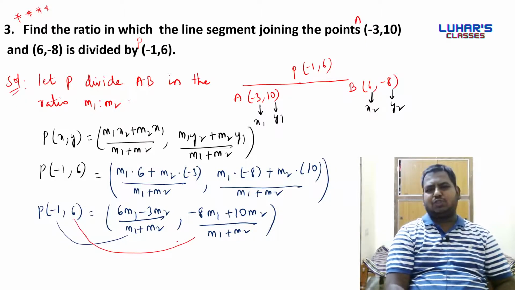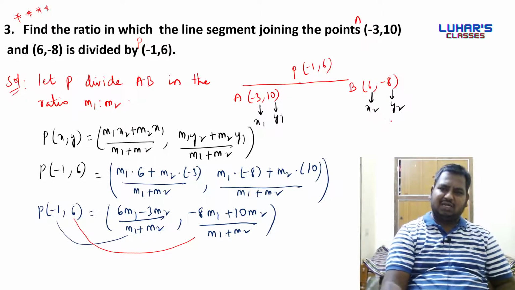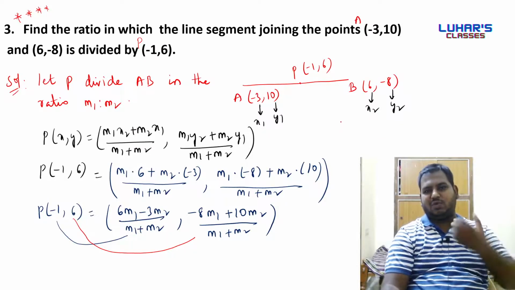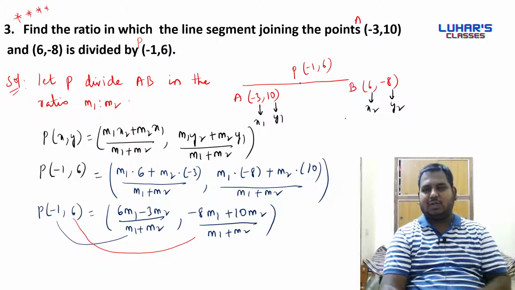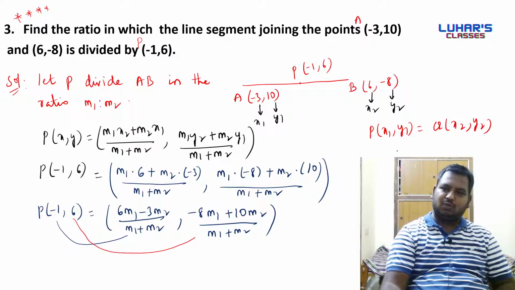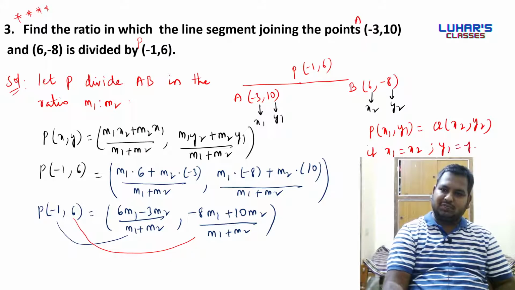Because we have learned one property in the beginning of coordinate geometry: P of x1 comma y1 is equal to Q of x2 comma y2 if x1 is equal to x2 and y1 is equal to y2.